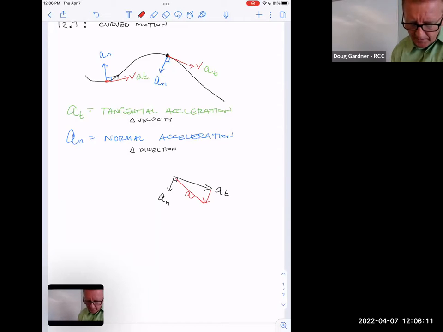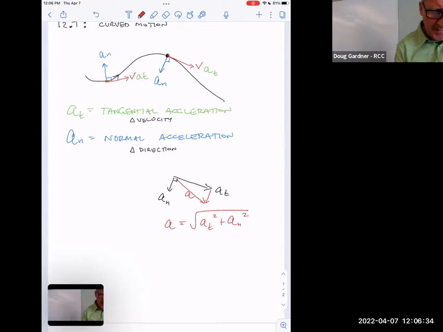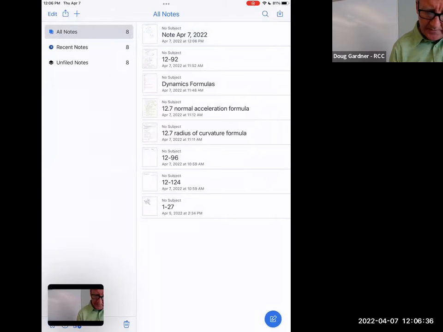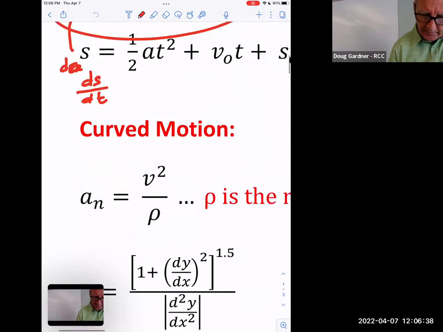So since I'm here, maybe I'll say that A could be found by taking the square root of AT squared plus AN squared. Now, be staring at these two formulas because let's see if we can use these now.